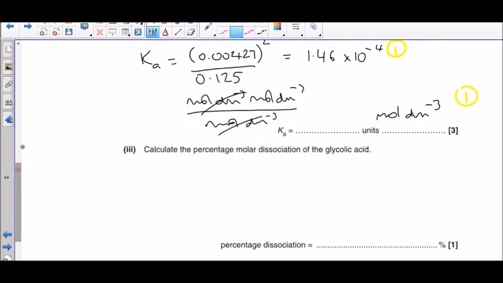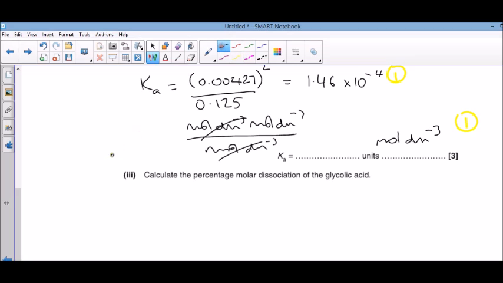And the final part of this is calculating the percentage molar dissociation of the glycolic acid. So if we look at what we're going to do there, we know that the concentration of glycolic acid is 0.125. We know that the concentration of H plus is 0.00427.